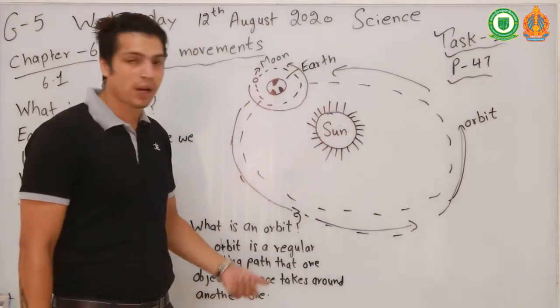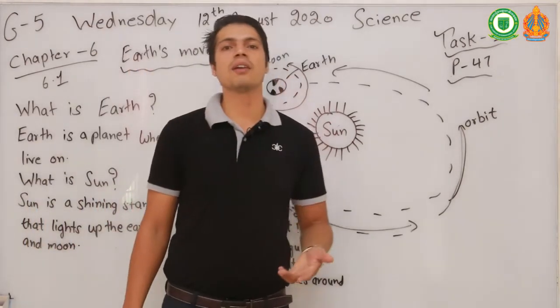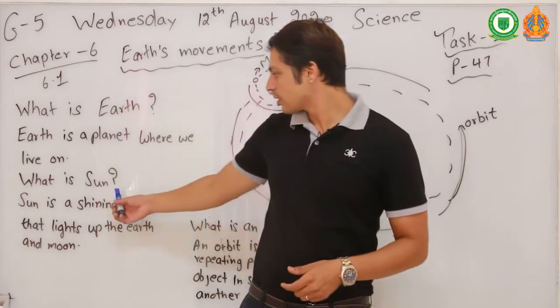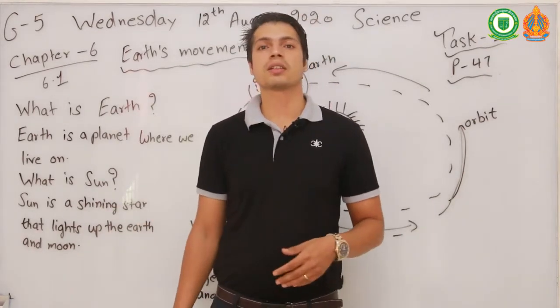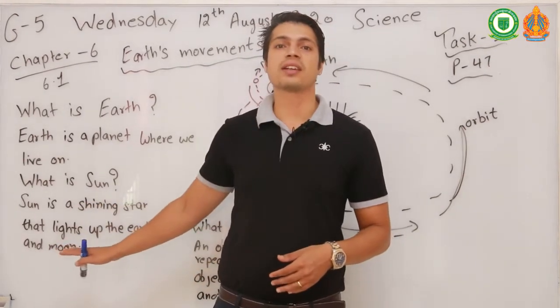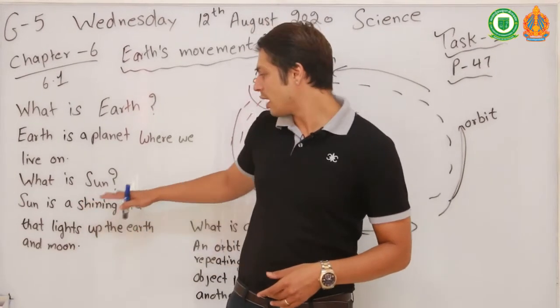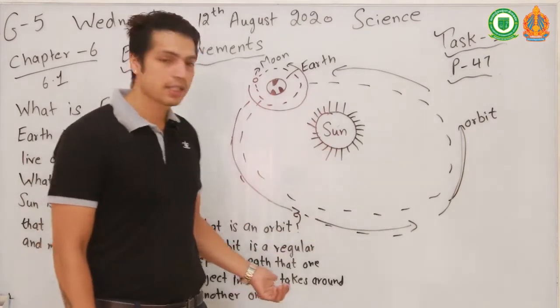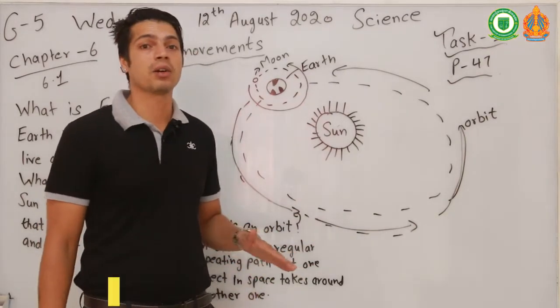But if we talk about planets, they don't have high temperature, okay. And stars twinkle, okay. All the stars twinkle because of their high temperature. But planets don't twinkle, okay.